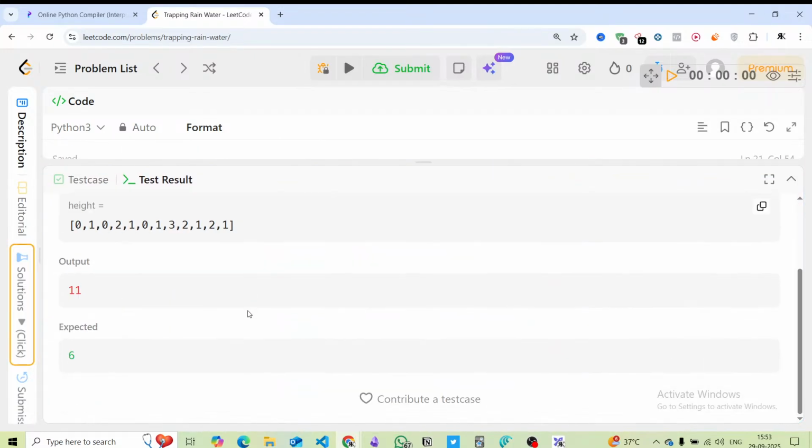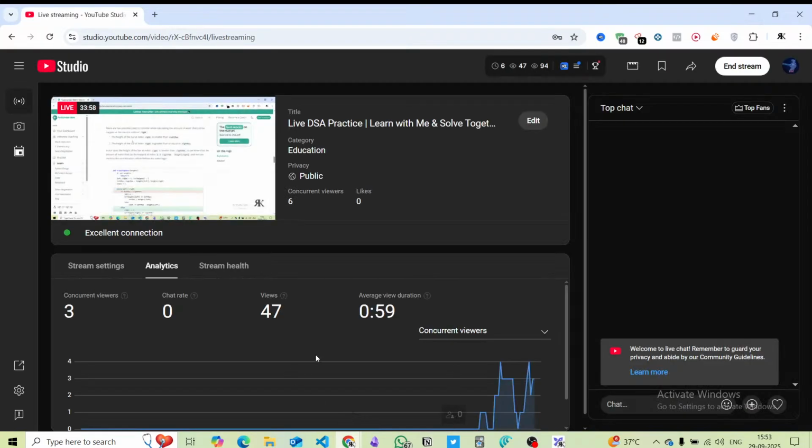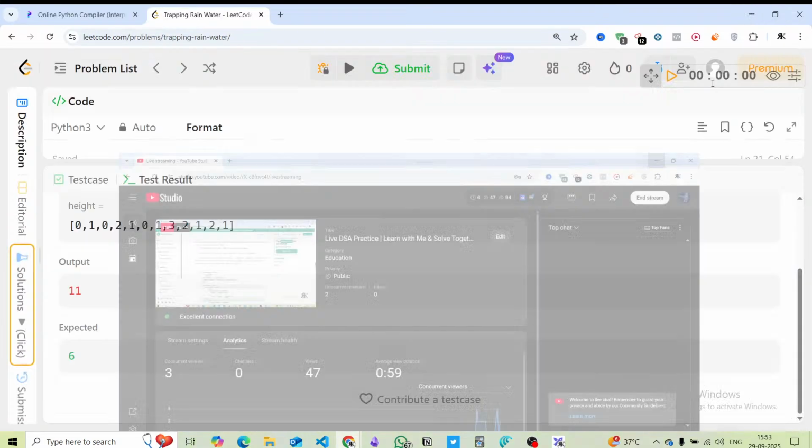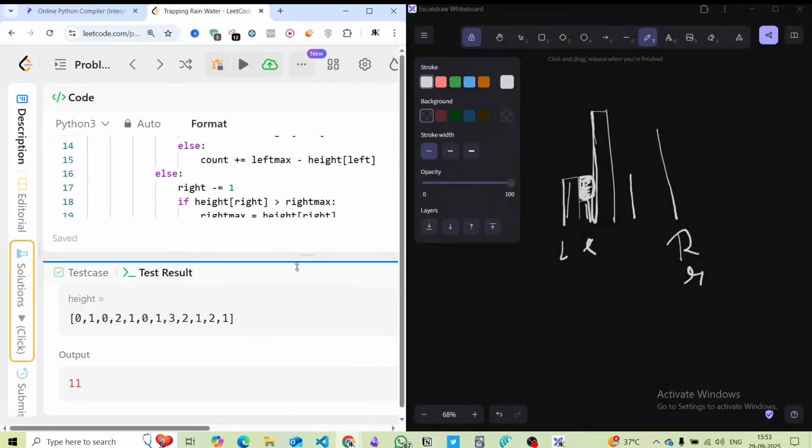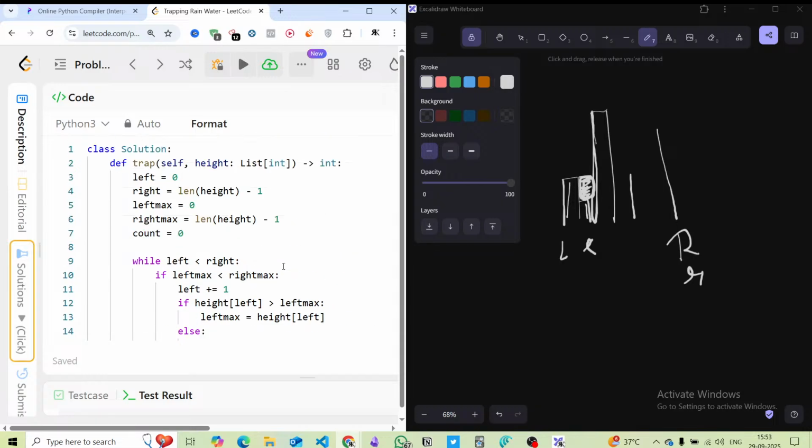Still, the output is 11 and then 6. Okay, so let us solve why this problem arises. We just dry run the code we already coded.